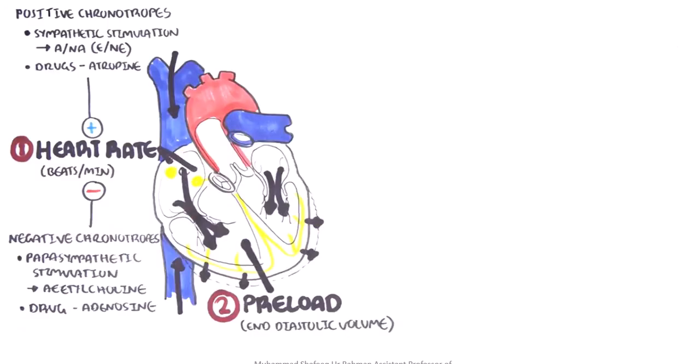Now, the next factor that influences the cardiac output is the stroke volume, that is the preload. Your preload is essentially the amount of blood entering the ventricle during the diastole, so it is known as the end diastolic volume.